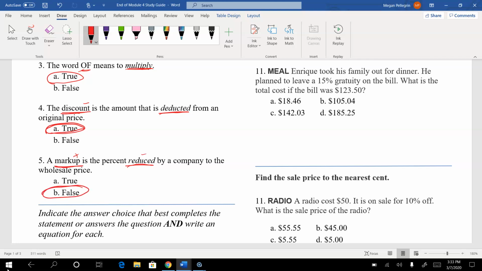So make sure that you look at your words that we've done throughout these lessons. Another one we talked about was commission. I don't know if I'm spelling that right. No, I'm not. Commission.